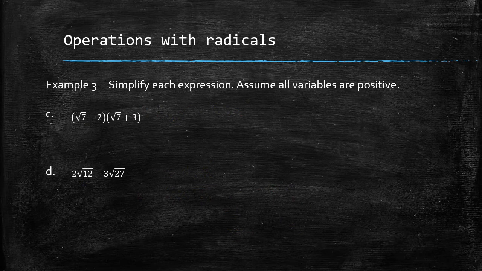Good. Okay, part C. We now have two binomials, so we need to FOIL. Rad 7 times rad 7 is going to be 7, so you could just write that down. If you weren't sure of that, so rad 7 times rad 7, multiply the 7's together to get 49. And the square root of 49 brings us back to 7.